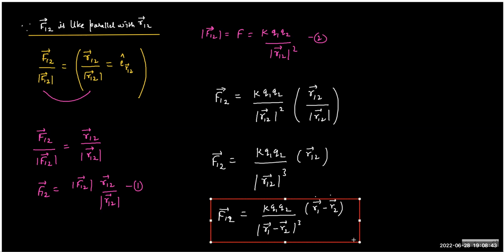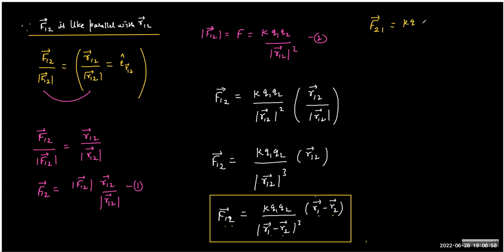Let's change this. So to write F21, you can see there's a sequential follow-up, right? You can see there's a pattern: 1 2, 1 2, 1 2. So F21 will be 2 1, 2 1, 2 1.